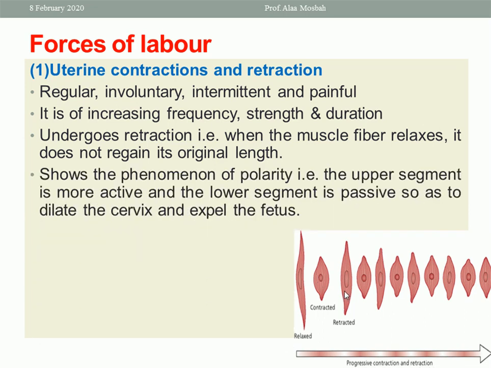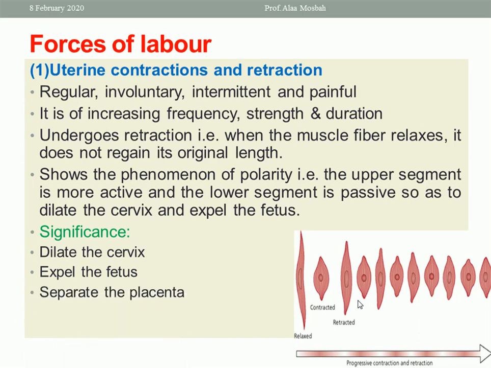The upper segment is more active and the lower segment is passive, so as to dilate the cervix and expel the fetus. What is the significance of uterine contraction and retraction? Dilate the cervix, expel the fetus, separate the placenta, control postpartum hemorrhage.